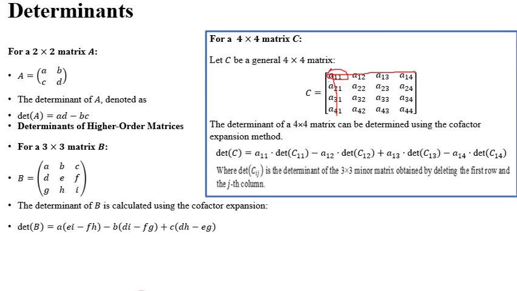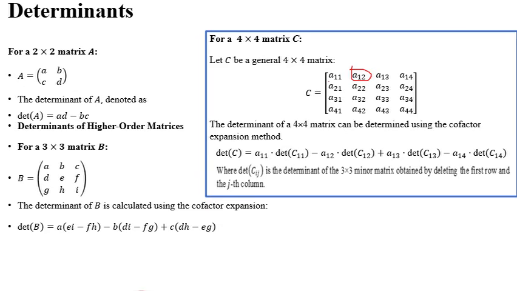So the second thing to do will then be you alternate the sign first, and after alternating the sign, you write the second element in the first row. That will be A12, that's minus A12. So when you cover this row and this column, you'll be left with a 3 by 3 matrix. So you also look for the determinant of that.